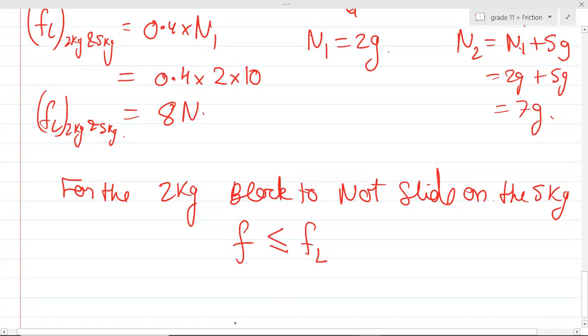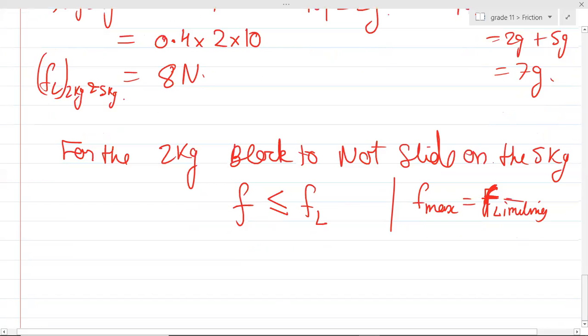Yes or no? When the friction acting between the objects is less than limiting friction, then we say what? It will not move. So what is the maximum value of friction which is possible? The limiting friction, right? The maximum value is basically the limiting value, right?